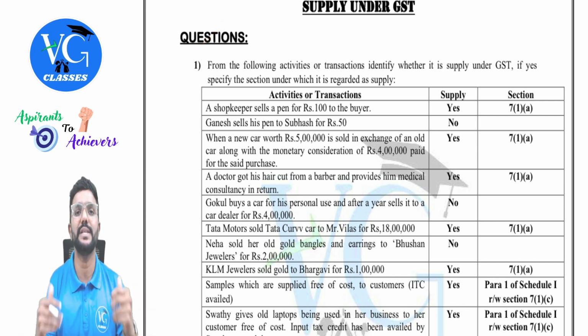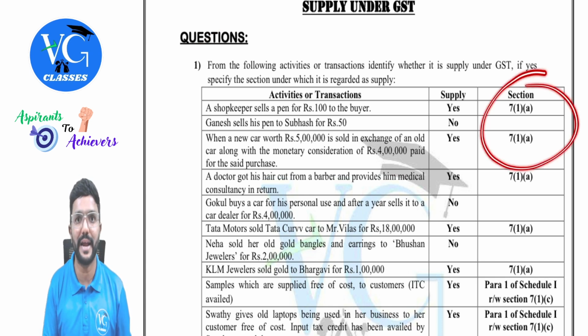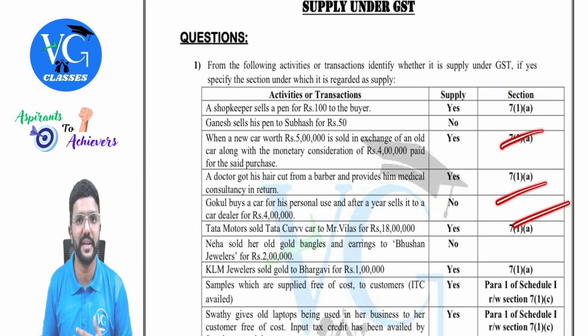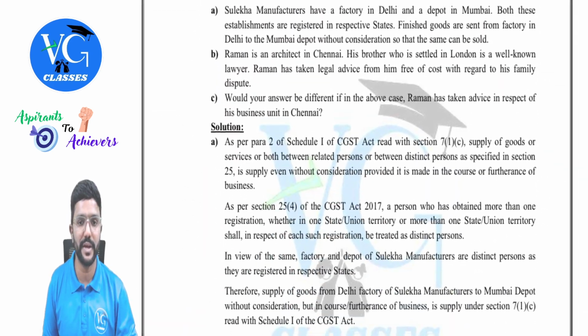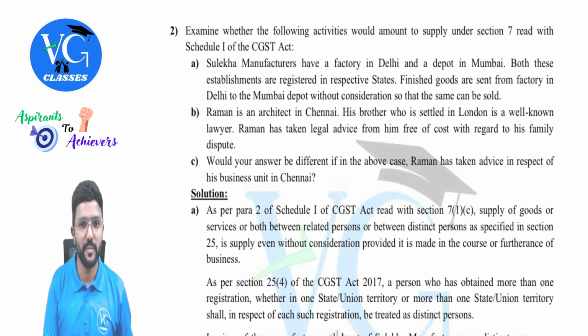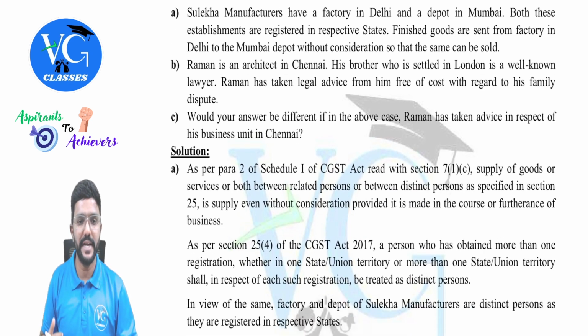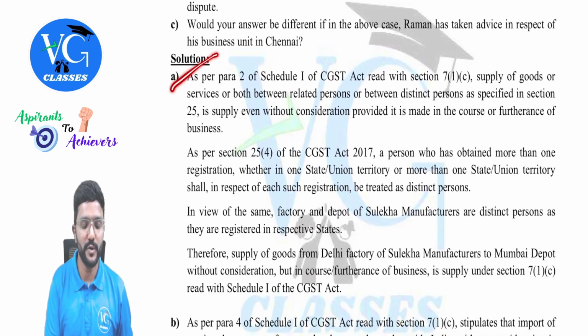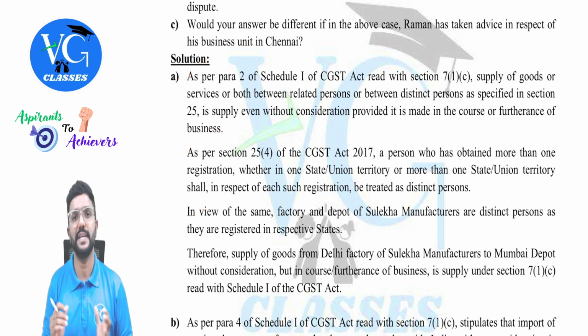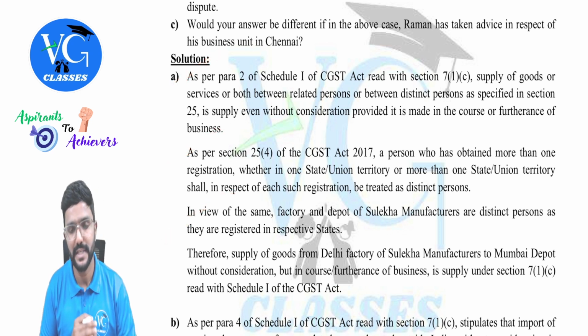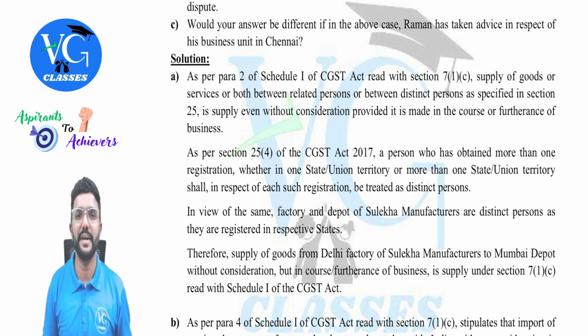This is how we have to decide whether an activity or transaction is a supply. And this is more for practice purposes, because in the exam you cannot simply write just like this. If it is asked as a descriptive question, I have also given how to answer. You can check question number 2, where I have given a detailed presentation of how to start and how to present the answer for each and every question. Got it, guys? Yes. So the solution is already given in detail.